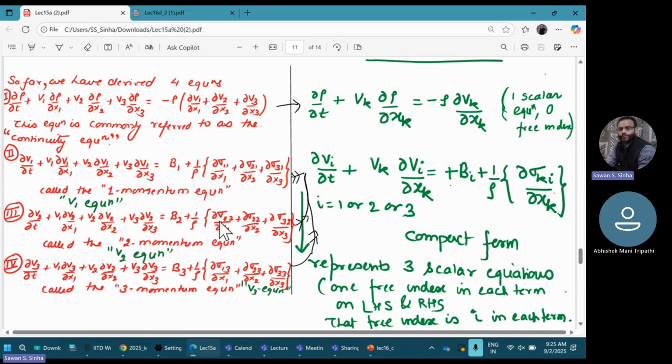Free index is not repeated, appears once, and it tells the user, the reader, that you can choose that index to be one at a time from the range 1 to 3. एक बार करके 1 2 3 में से किसी को भी चुना जा सकता है. ठीक है. So del vi dt मैंने लिखा, free index है. You choose I1, you will be talking about this equation. You choose I2, this equation.